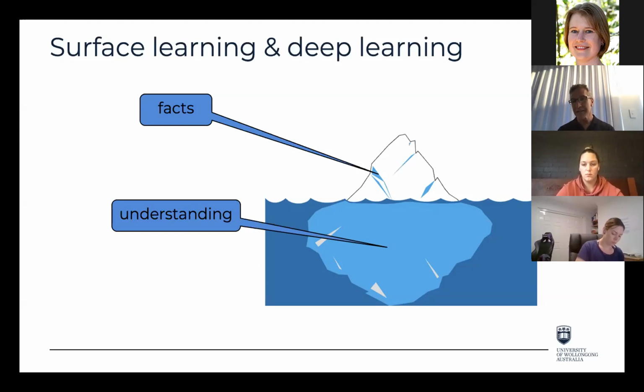It's facts, and it's being able to disclose information about things, but it doesn't really mean that we know anything. We can just parrot back facts. Once we go to understanding, we have this capacity to make the distinctions. So we're growing in how to use that information to actually produce things, to do something. So knowing at a deeper level, here with surface learning and deep learning, understanding relates to knowing at a deeper level.